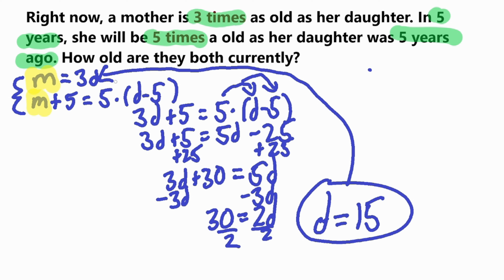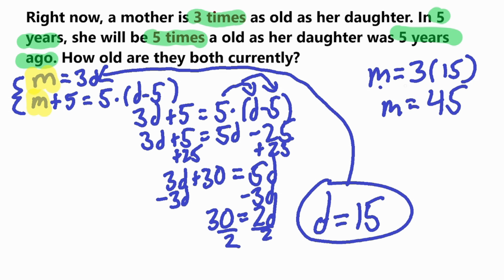So M is equal to 3 times the daughter's age, 15, and we get that the mother is 3 times 15, 45 years old. I'm going to write years for both of these.